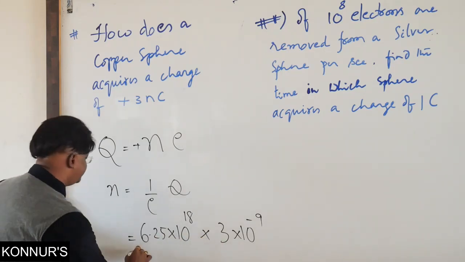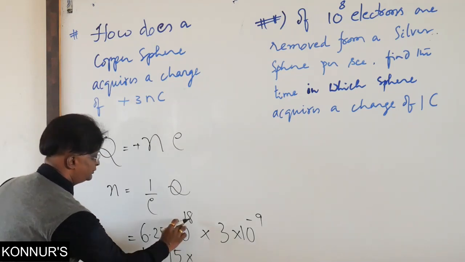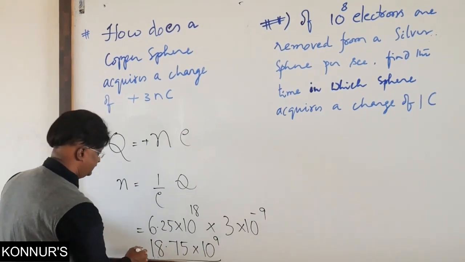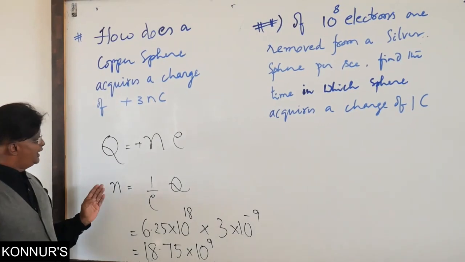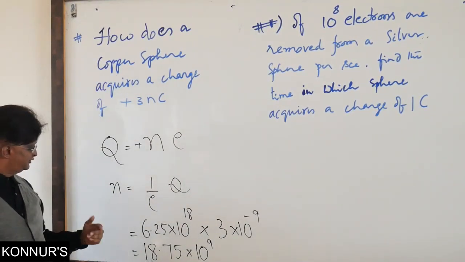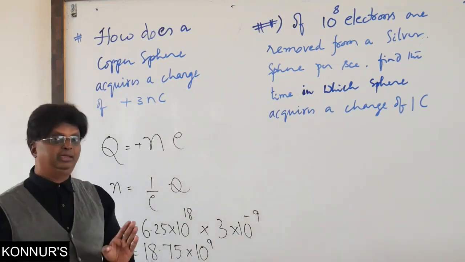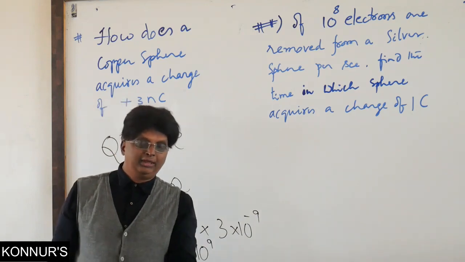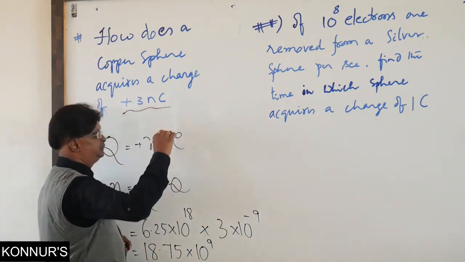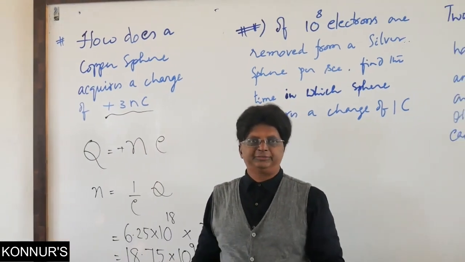Therefore the number you will get is 18.75, and with 18 and minus 9, it is 10 raised 9. So the answer is that the sphere should lose as many as 18.75 into 10 raised 9 electrons to acquire this excess charge in the given data. Just a kind of 1 mark, 2 mark question.